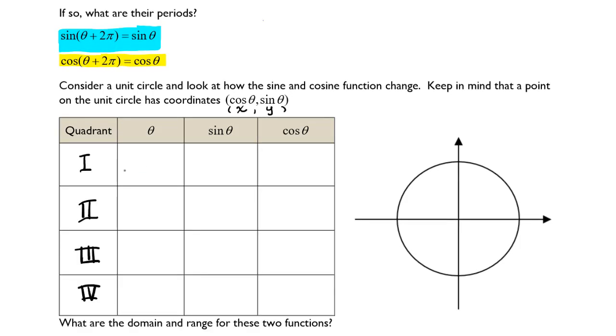In quadrant 1, we go from an angle of 0 to an angle of pi over 2. And when we look at the sine of that angle, we go from 0 to 1.